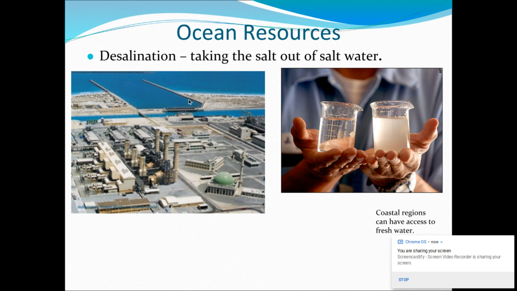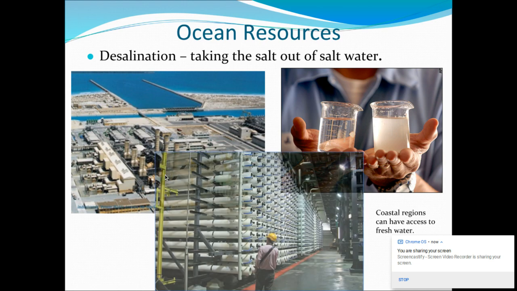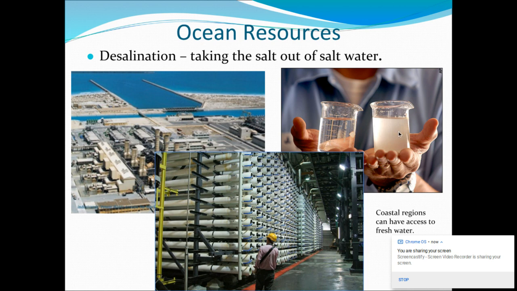So in these plants, especially for coastal regions, areas that do not have access to fresh water, what they can do is take the ocean water, which looks like this in this beaker right here, and run it through some of these plants. What this factory is going to do is remove the salt so that you end up with fresh water.